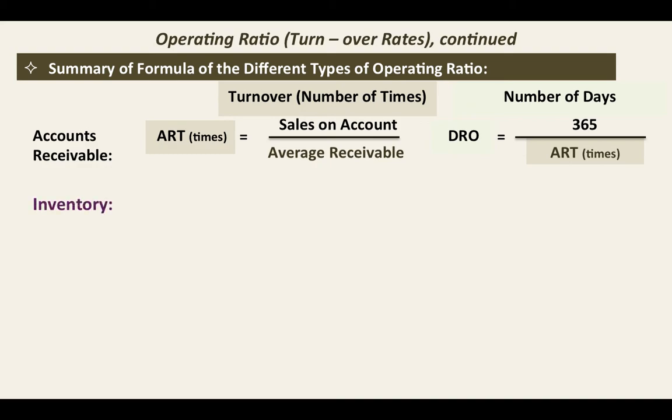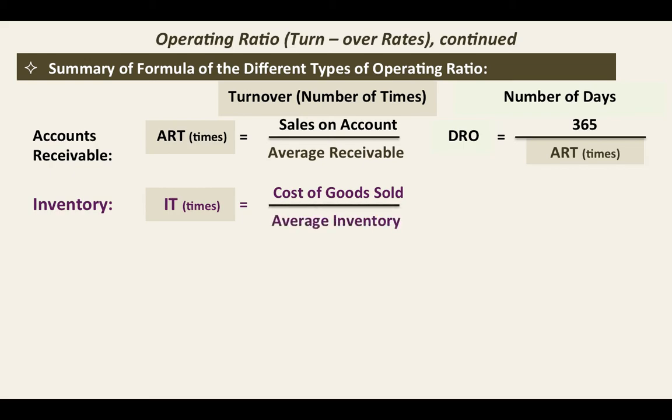For inventory, we have inventory turnover number of times, and the formula for that is cost of goods sold over average inventory. And for the days inventory outstanding, the formula is 365 days over inventory turnover number of times.